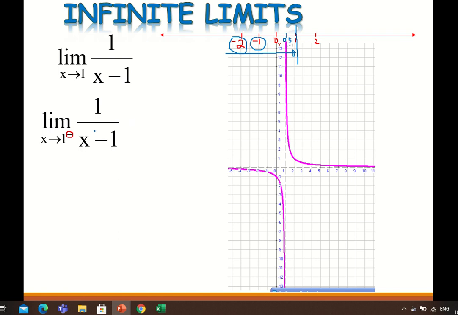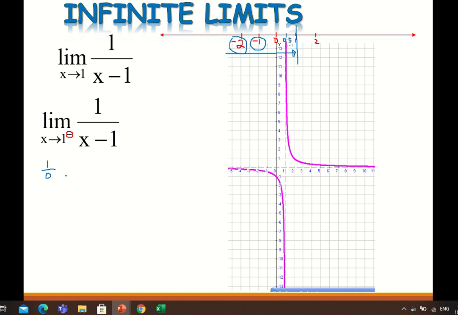Now if you take the value x equal to 1, 1 minus 1 equals 0, so we have a denominator equal to 0. We know that if you have 1 divided by 0, the result is a very huge number.